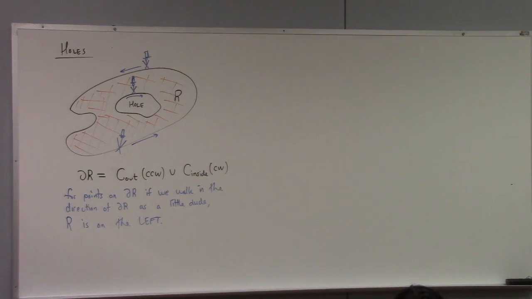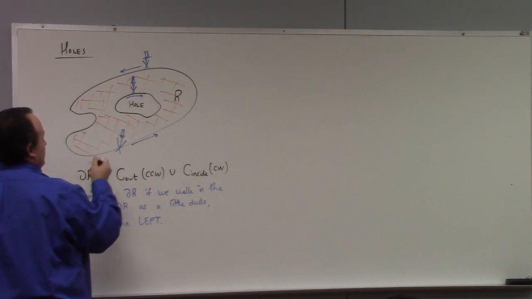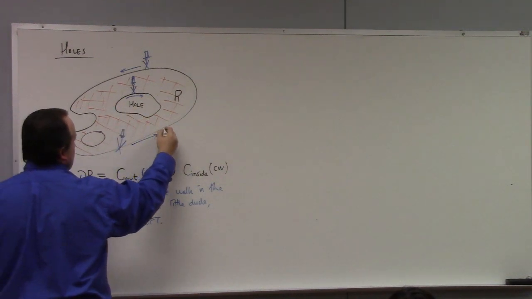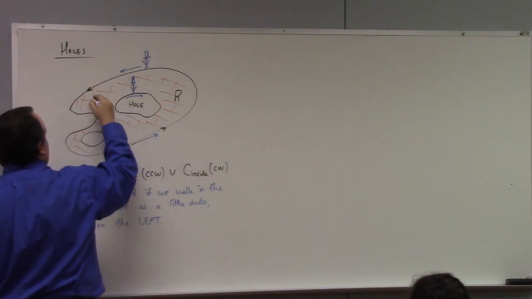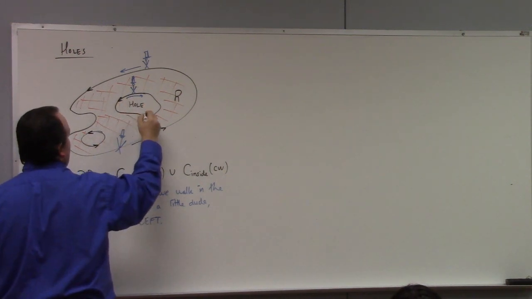So in short, we take outer boundaries and make them counterclockwise, and we take inner boundaries and make them clockwise. And of course, there could be more than one hole. You could have multiple holes, same idea. Basically the outer boundary is counterclockwise, the inner boundary is clockwise. Oops, clockwise.